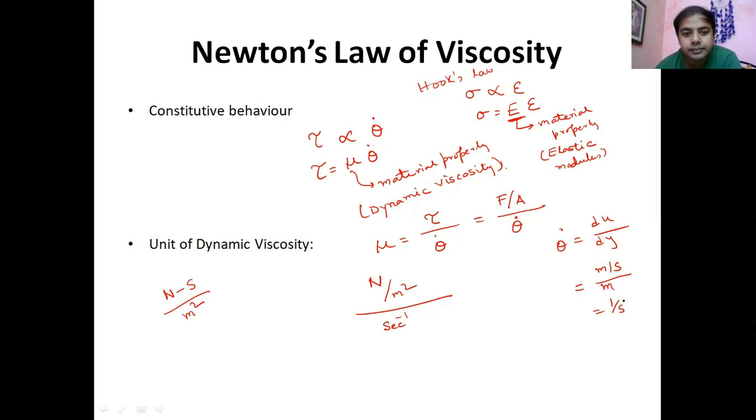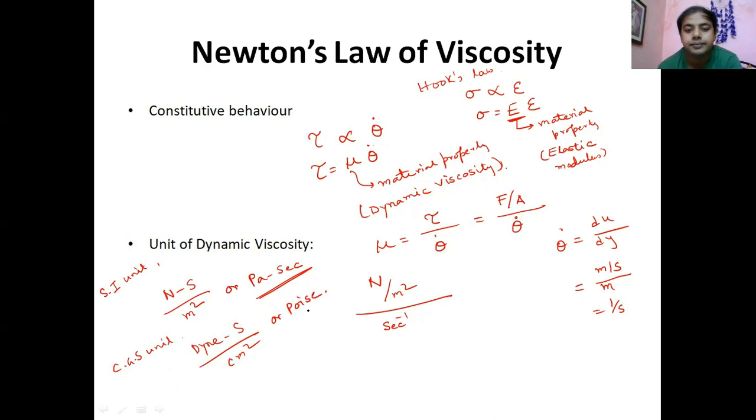In SI units it can also be written as Pascal second; the SI unit of viscosity is Pascal second. In the CGS system, just replace Newton by dyne: dyne second per centimeter square. Its other name is the poise.